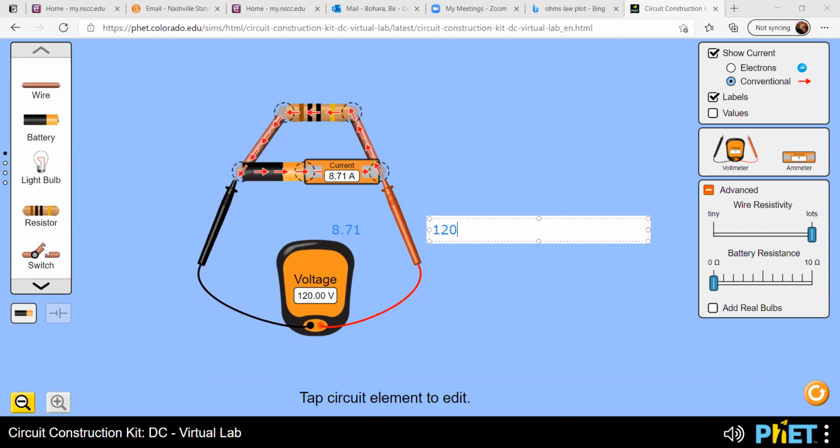And what about this one? This one was 120. If I calculate resistance by using Ohm's law, R is equal to V by I. So 120 divided by 8.71, right? It gives me 13.77.